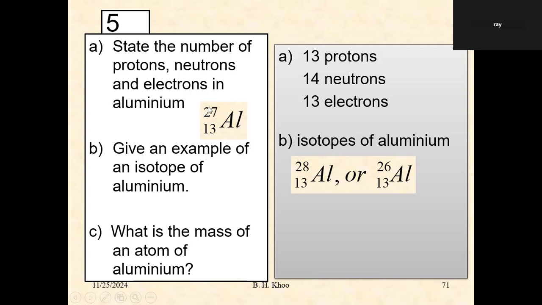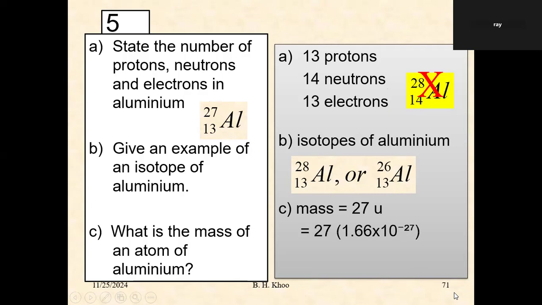In this example there are 27 nucleons, so 27 atomic mass units. Then convert atomic mass units to kilograms using your data sheet: one atomic mass unit is 1.66 times 10 to the power minus 27 kilograms. Use a calculator. Good answer.